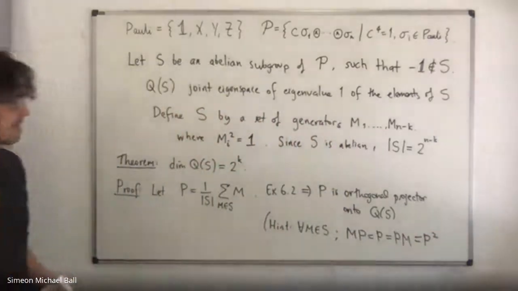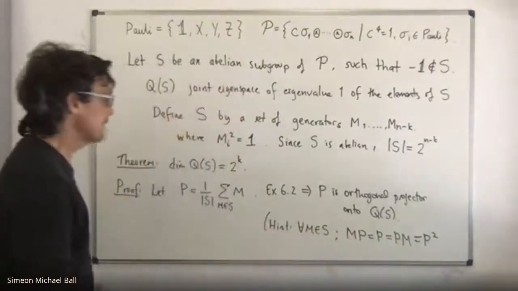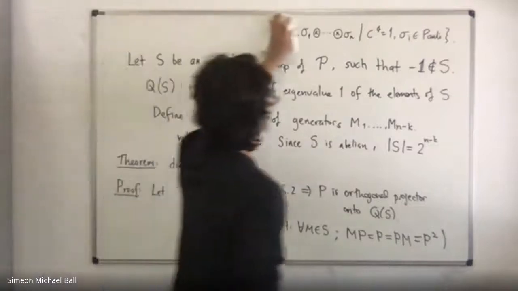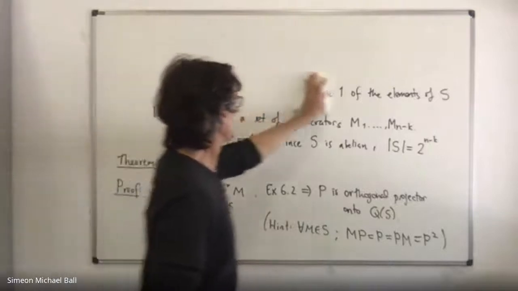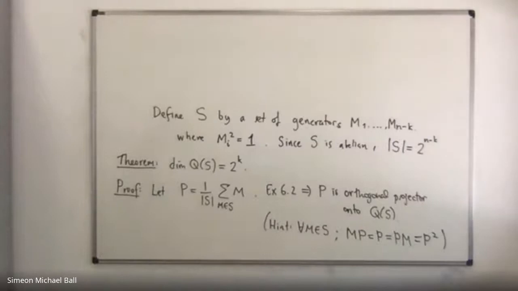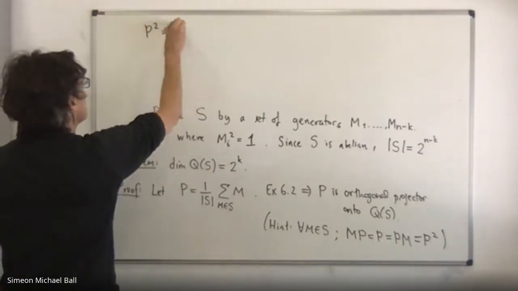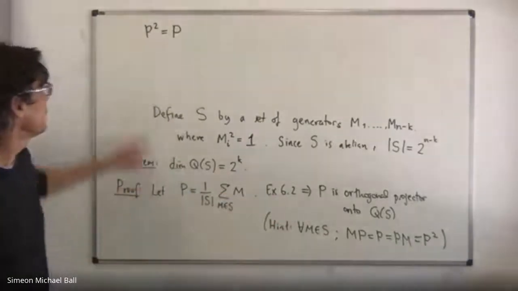So you prove that it's a projector, P squared is equal to P, and that's a clue as to how to go about proving that. But knowing that it is the orthogonal projector onto Q of S, well, it's a projector, so P squared is equal to P. So I'm now going to assume exercise 6.2 is being done for us.